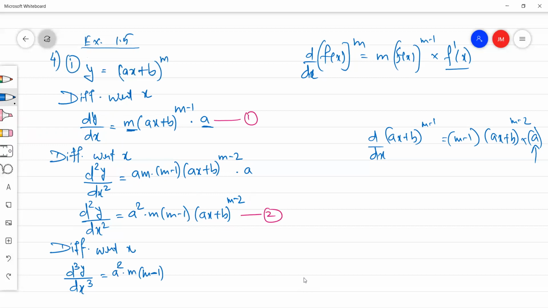So it will be m minus 2 ax plus b raised to m minus 3 into derivative of ax plus b, which is again a. What is it now getting you? You get here a cube, see the third order derivative is a cube, a square into a cube, m minus 1, m minus 2 into ax plus b raised to m minus 3. This is what you get.